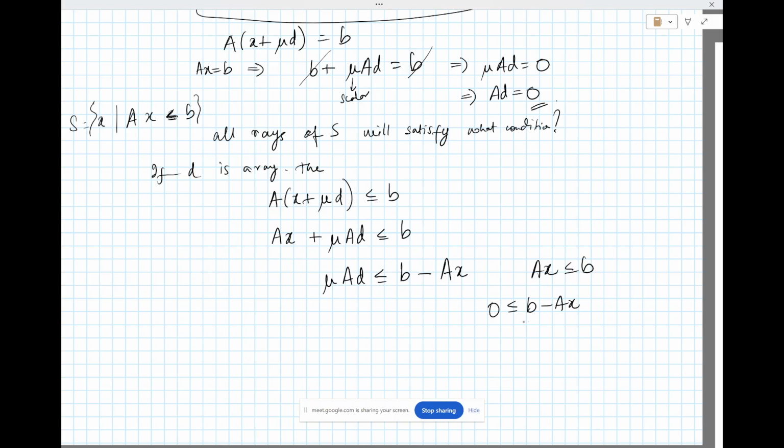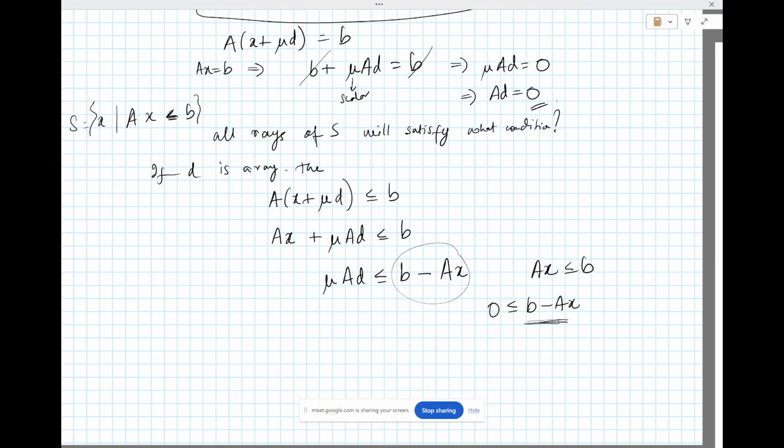Because this just says this. If this was less than or equal to 0, then we could have said. But this is greater than or equal to 0.